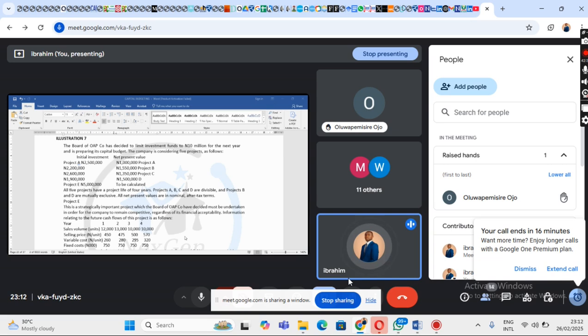So when they say they want to do a project, they have to buy equipment that they will use for that project, right? That is their initial outlay, initial investment. It will be at year 0, while you will not consider all the other costs as a relevant cash outflow.